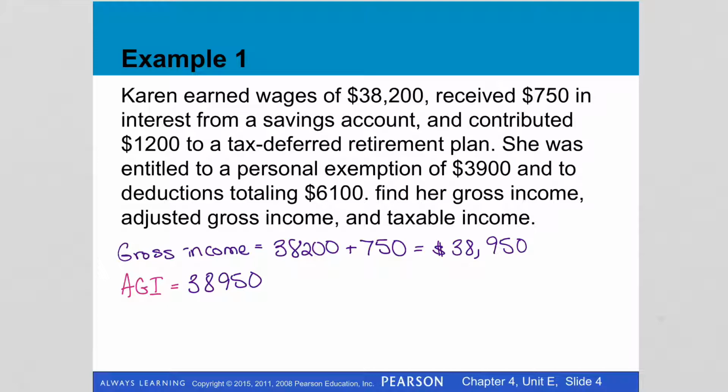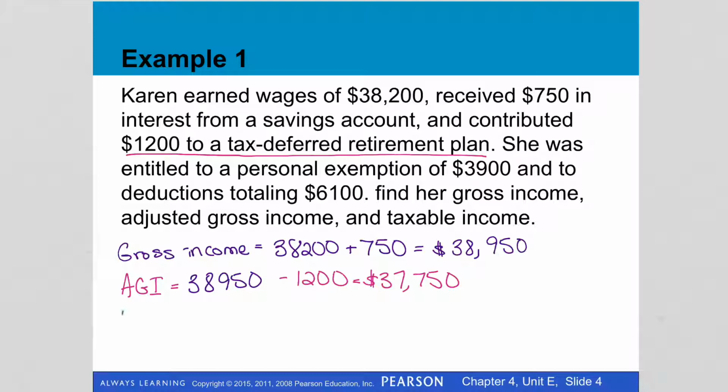and we subtract off the money she put in a retirement plan because it's tax deferred, so you don't pay taxes on it. That ends up with $37,750.